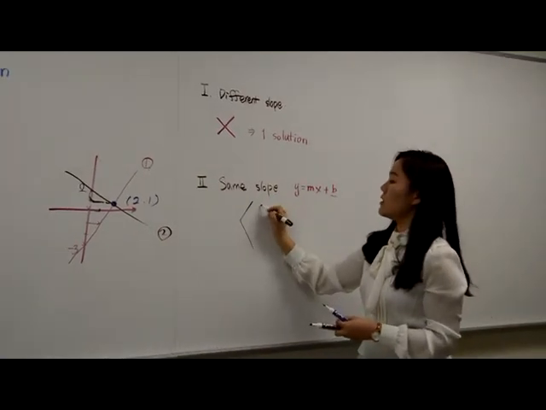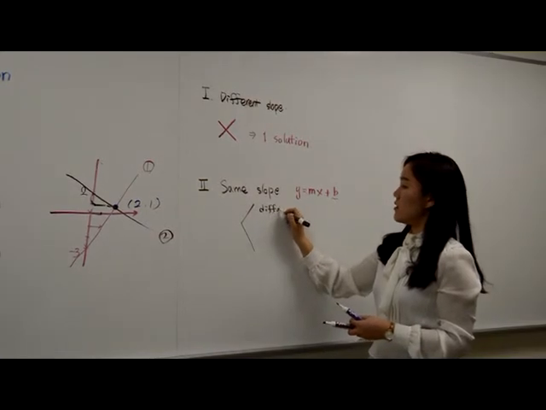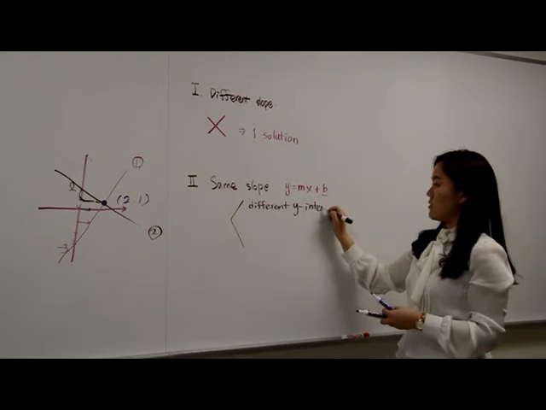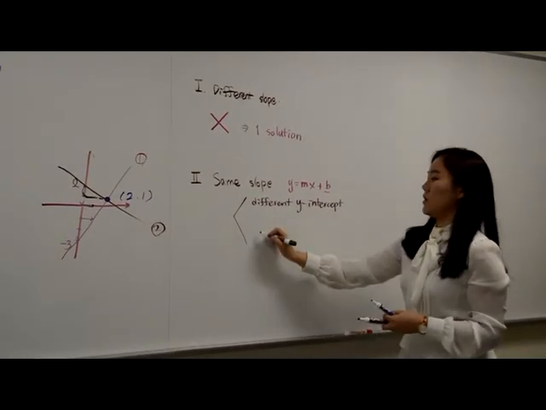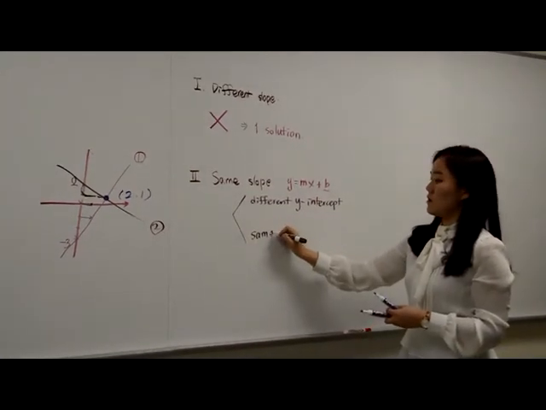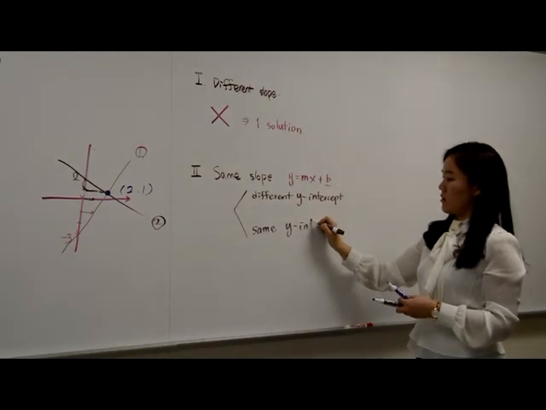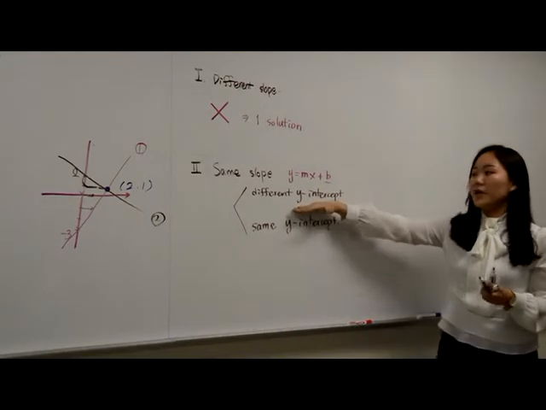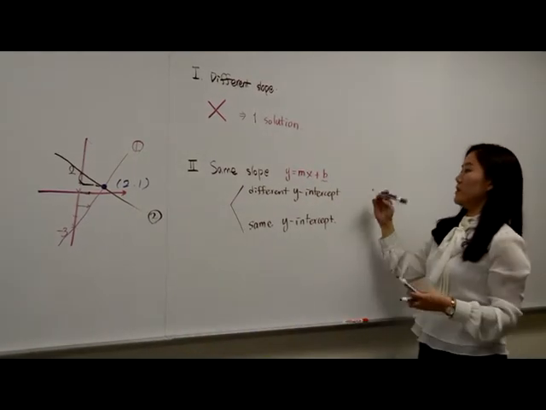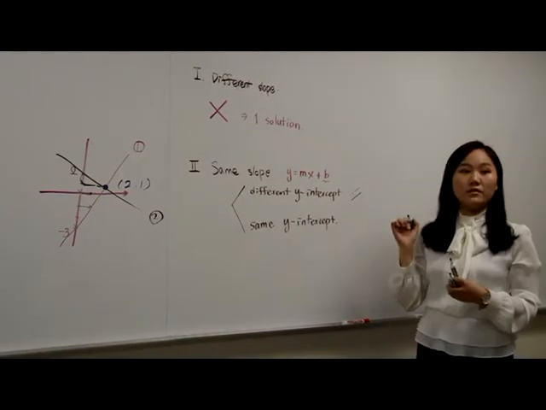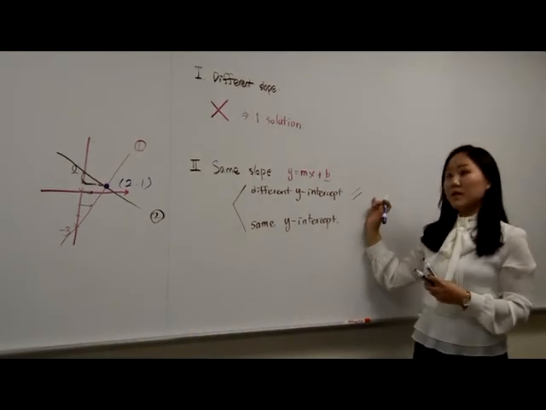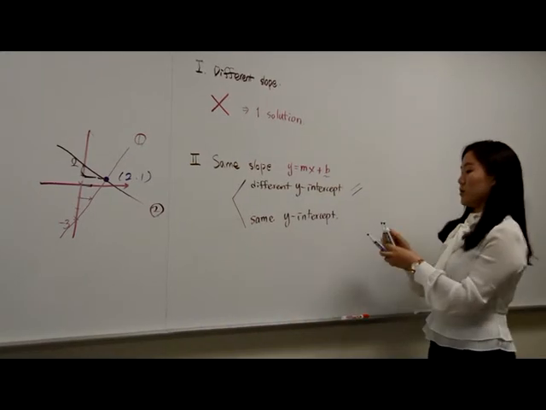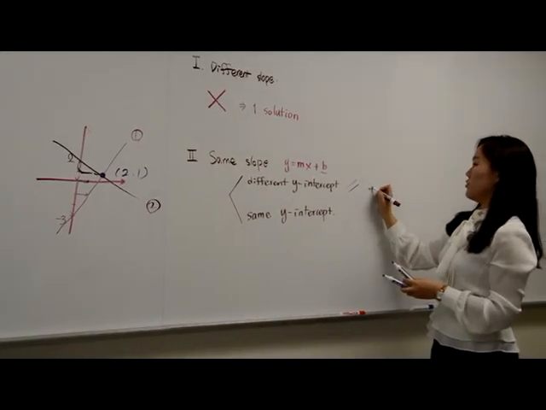So that could be different y-intercept and same y-intercept. If they have different y-intercept, it means they are parallel. What is parallel? Do they meet? No. If they are parallel, they never meet, right? So there are no solution.